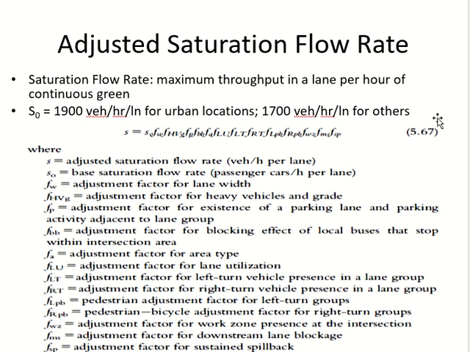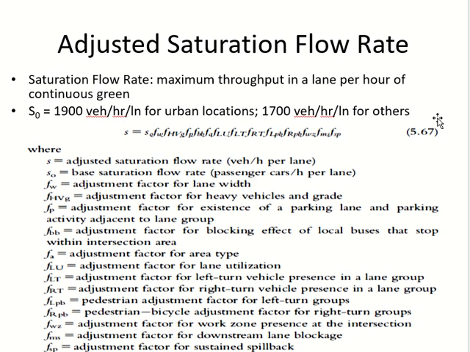Before or after? So you have 3 lanes for example, but after the intersection one of the lanes is blocked because of some activity. So there is a factor because of that.